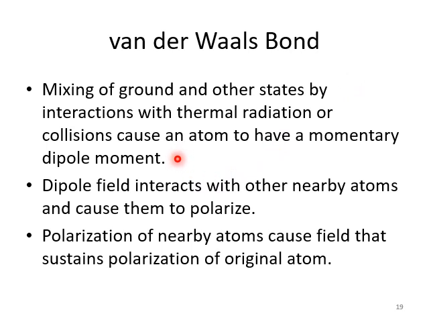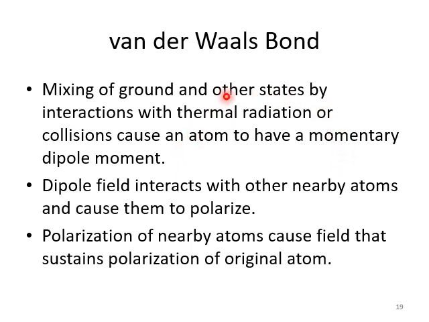That dipole moment gives rise to an electric field which travels out from the atom. So let's say our atom is here, then the electric dipole field is going to look like this out here. So out here, there's a weak electric field due to that dipole. That dipole field interacts with a nearby atom, which might be over here, and causes it to polarize. When the other atom polarizes, it creates a field which interacts with the first atom again.